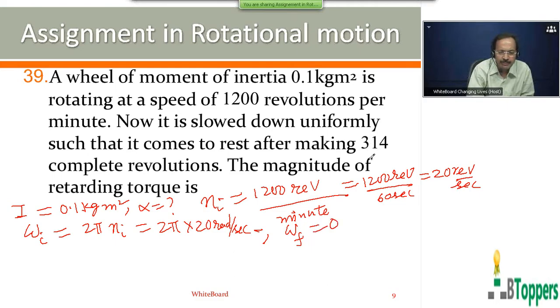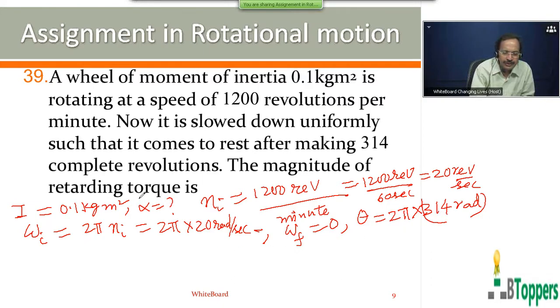After making 314 complete revolutions, when the wheel completes one revolution, the angular displacement theta is 2 pi radians. So when the wheel completes 314 complete revolutions, the angular displacement theta I can write as 2 pi into number of revolutions in radian. That is 2 pi radian into 314.